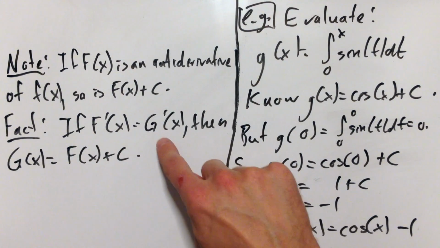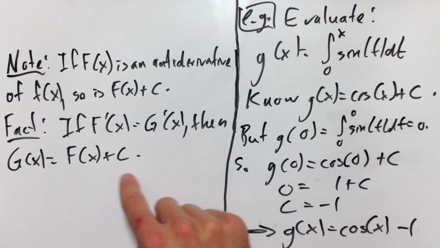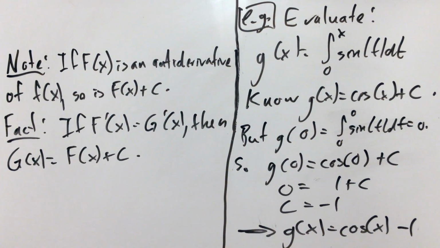If capital F and capital G have the same derivative, then big G is big F plus a constant. So these are all of the antiderivatives. This is nice because this means that if we are looking for a particular antiderivative, we just need to know a single antiderivative and we can find the particular one we're looking at.